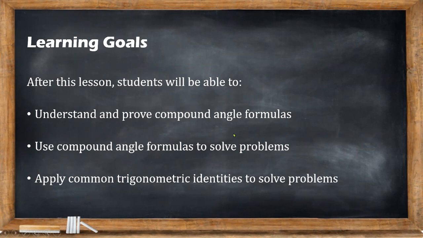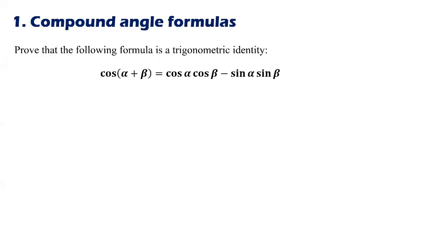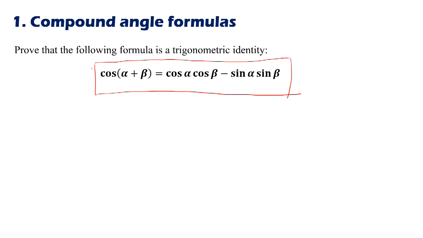Okay, so today the new stuff is compound angle formula. So let's have a look at what is a compound angle formula. First of all, we're going to prove this is actually a trigonometric identity.